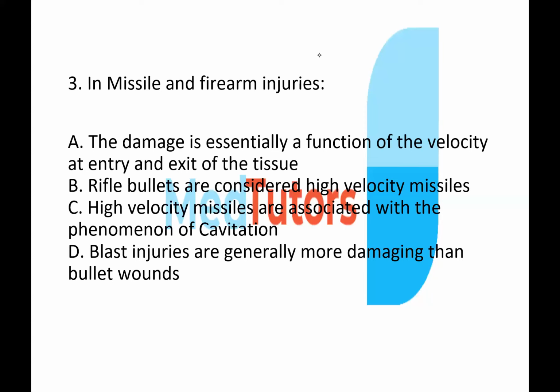And they have entry and exit points. I told you the exit points are usually wider and bigger. However, the damage a shotgun will do at a closer range is higher. Rifle bullets are considered high-velocity missiles. High-velocity missiles are associated with phenomena of cavitation.